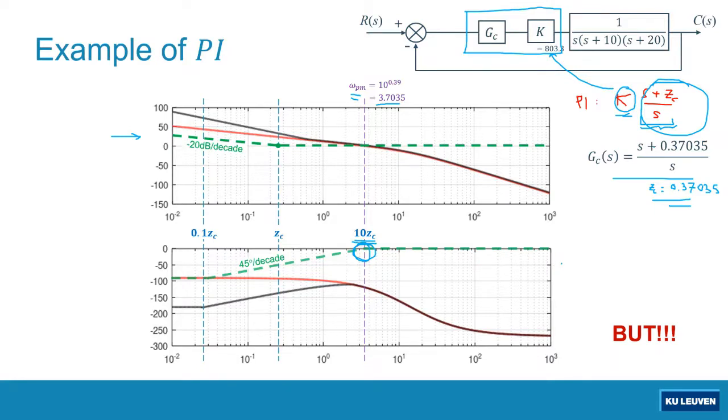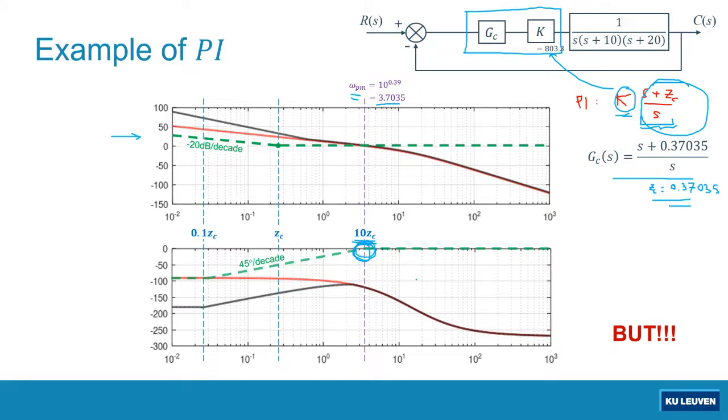That's how we designed our previous PI controller. But due to the fact that the real phase value at 1 decade above the corner frequency will be slightly below 0 degree, it won't be equal to 0 degree here.